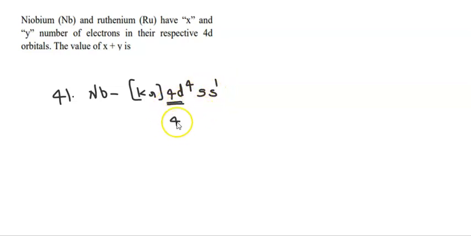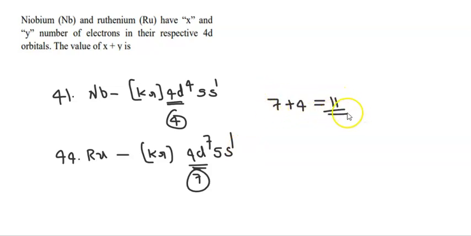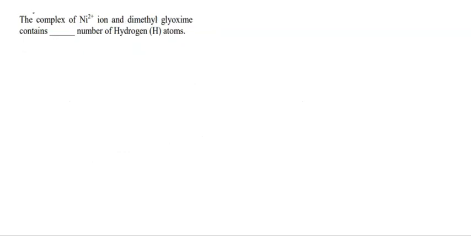So it has 4 electrons in 4d. And ruthenium, atomic number 44, has electronic configuration krypton 4d7 5s1. It has 7 electrons. 7 plus 4 equals 11, which is the correct answer for this question.